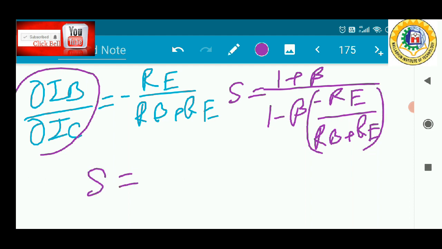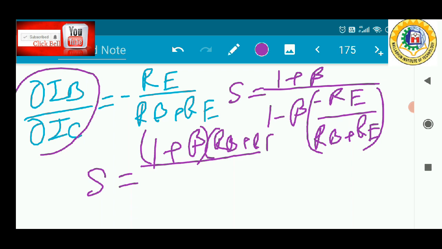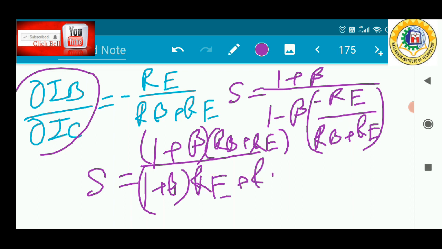Now S comes out to be 1 plus beta times (RB plus RE) divided by [(1 plus beta) RE plus RB].